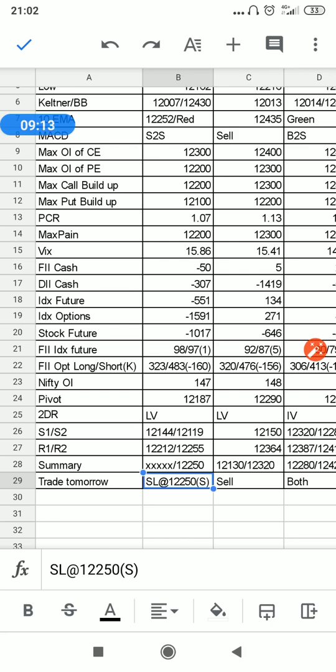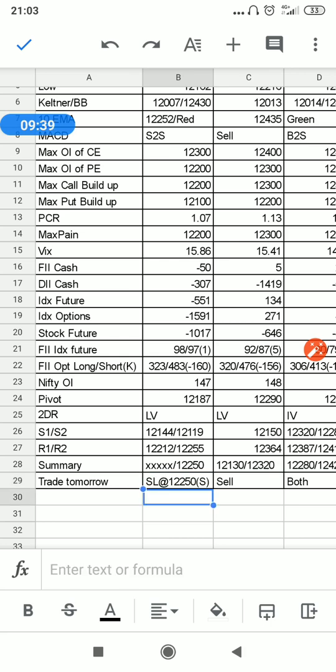So again, like I told you yesterday and the day before, after analysis we need to devise a plan. So for tomorrow the plan should be, if you are already short, and I am already short through a credit spread. I have sold the monthly 12,300 call and I have bought the monthly 12,500 call. So as I am already short, for me tomorrow the stop loss should be 12,250.